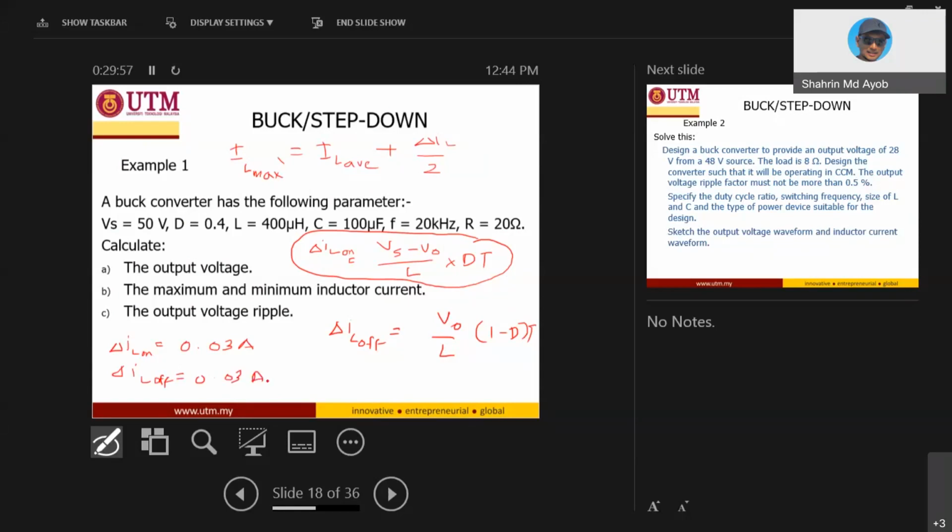Boleh tak? Can someone confirm? Delta IL on 0.03. If you use delta IL off, you should get the same 0.03 also. Modulus, modulus. Kita ignore the sign. Dapat tak?